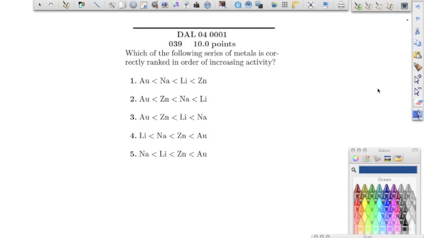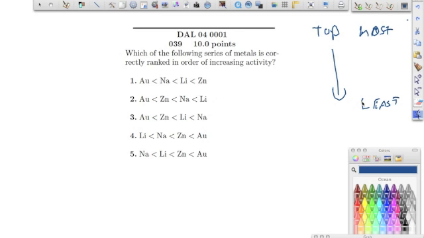Okay, on number 39 it says, which of the following series of metals is correctly ranked in order of increasing activity? So when we're looking at this, anytime we're looking at the activity series, the top of it is going to be the most active, and the bottom is going to be the least. So the greatest activity will be at the very top of the activity series.